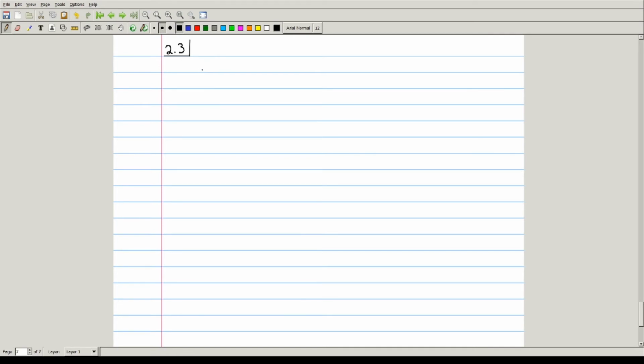So remember that if we have two vector valued functions, a of t, where this is a1 i plus a2 j plus a3 k, and same thing for b of t, b1 i plus b2 j plus b3 k.